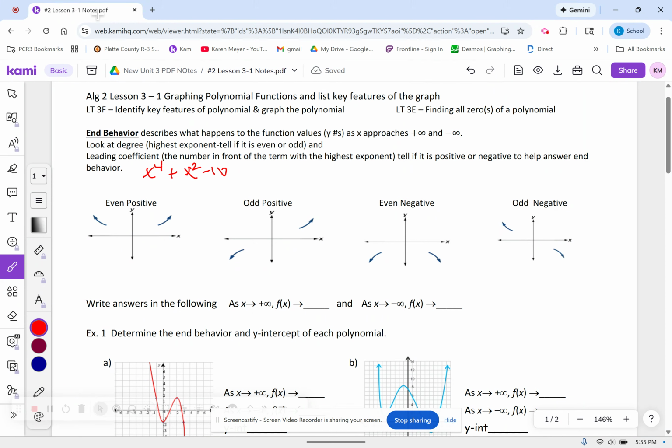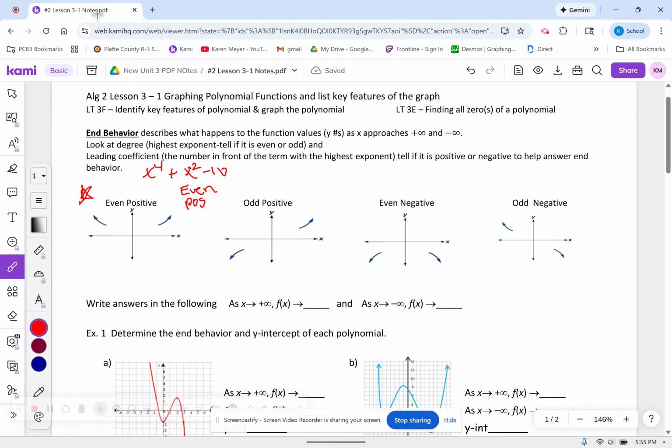So I would say, okay, the degree is even. And then you would look at what's in front of x to the fourth. In front of the x to the fourth, there is nothing, so that makes it a positive x to the fourth. It's like a 1x to the fourth, and that's a positive. So then we would be looking at the first picture.